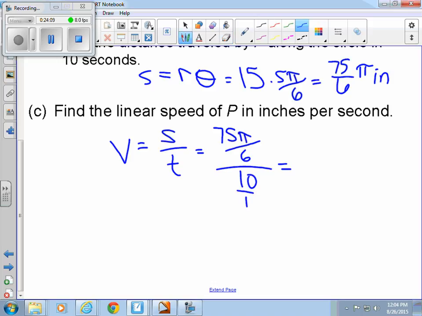Multiply by the reciprocal. So we multiply 75 pi over 6 times 1 over 10. Sorry, I lost my 5 there somewhere. 5 pi. And inches per second.